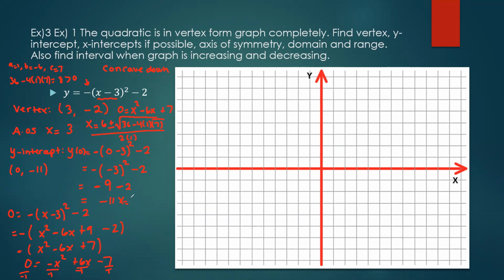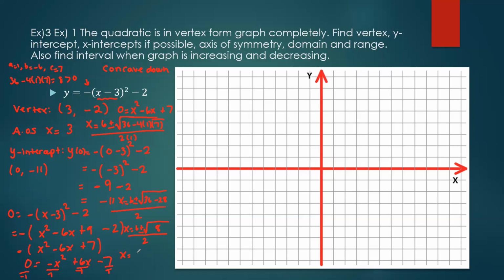So that is 6 plus or minus, let's see, 36 minus 28, all over 2. That's 8, and then all over 2.